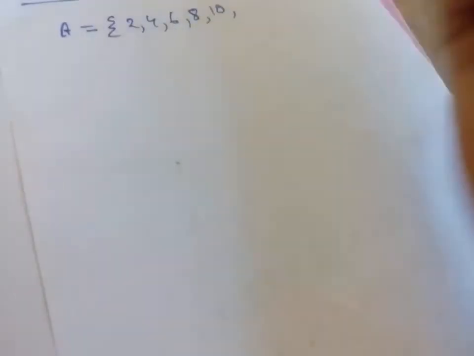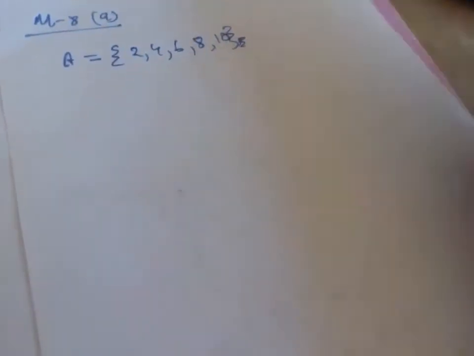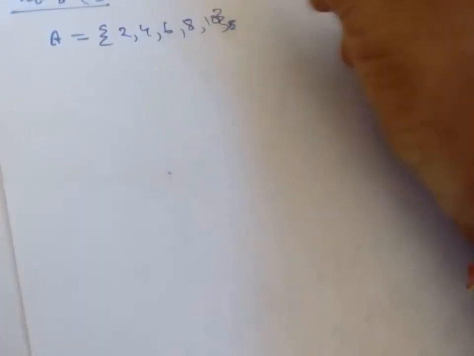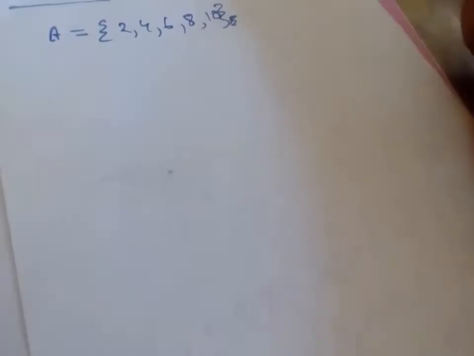So even natural numbers less than 12 will be 2, 4, 6, 8, 10, and 12 is not there, less than 12, so this is it. And we have the universal set as 1, 2, 3, 4, 5, 6, 7, 8, 9, 10, 11 and 12.